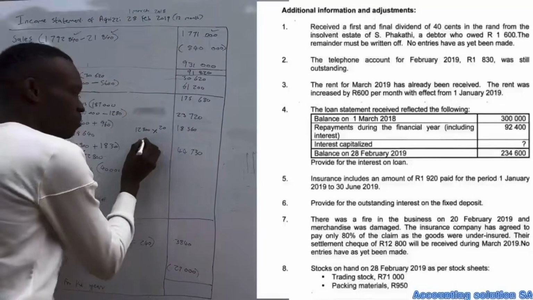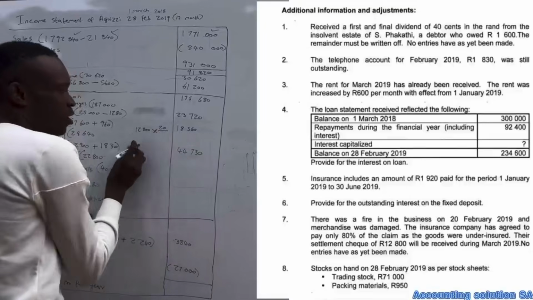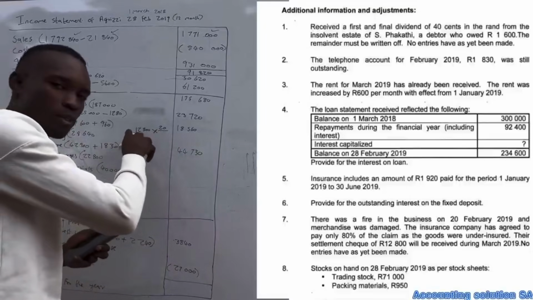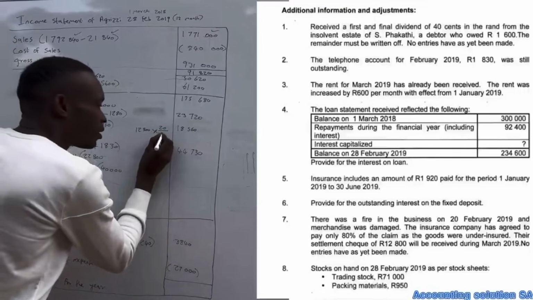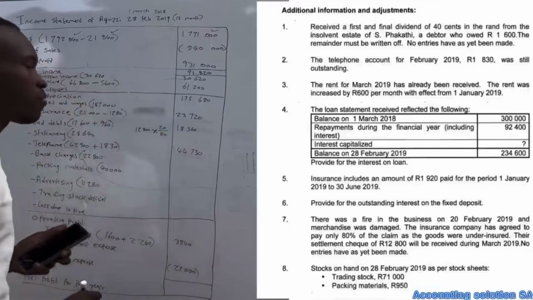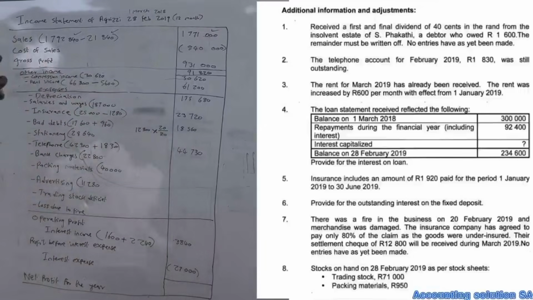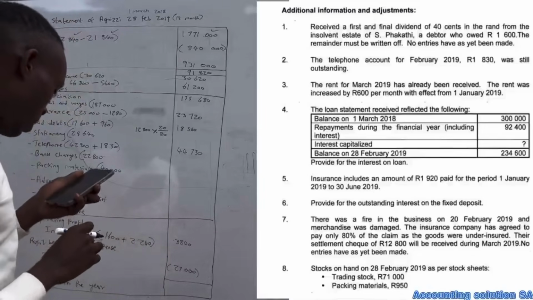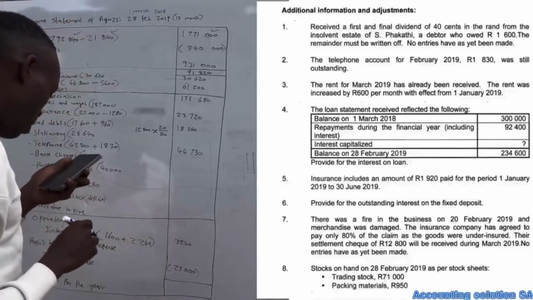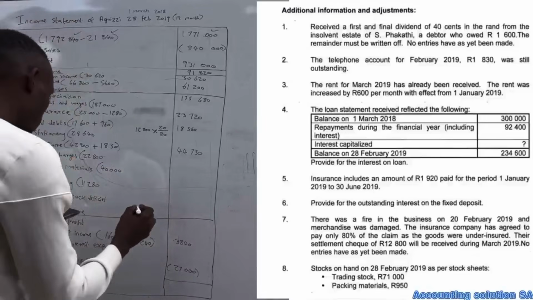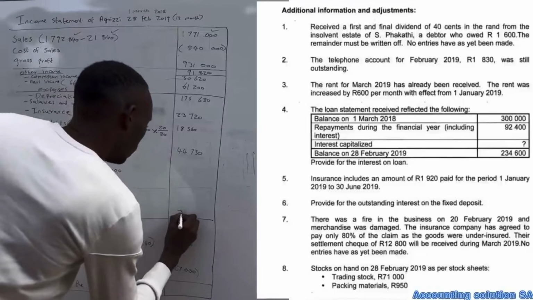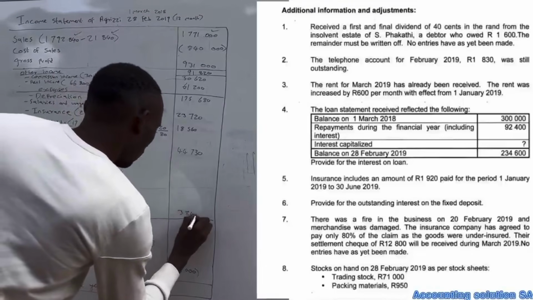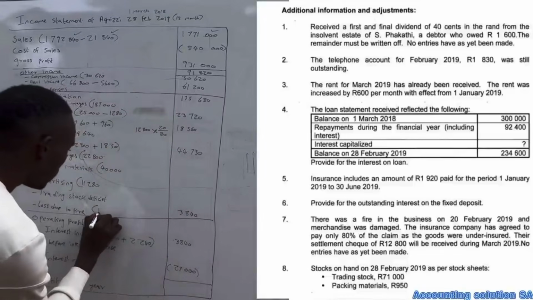We are looking for the 20% loss out of, this is not the total, they only paid 80%. So if you do this, you're going to get the right answer, exactly what we are looking for. It's going to give you an amount of 3,840. This calculation can be shown here.